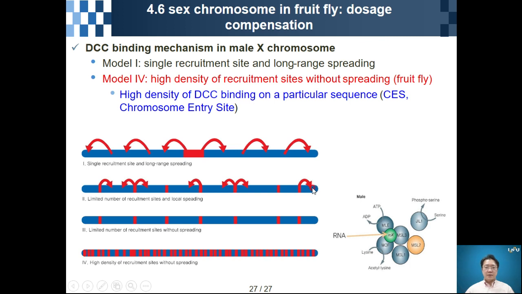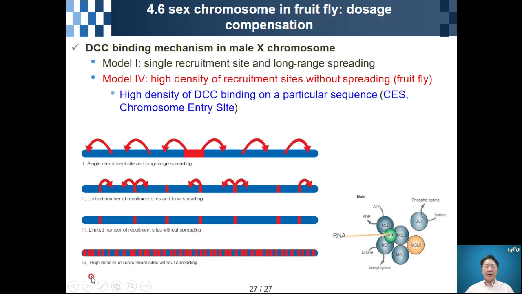The third model is a limited number of recruitment sites without spreading. And model 4 is a high density of recruitment sites without spreading. Nowadays people found that model 4 is right.